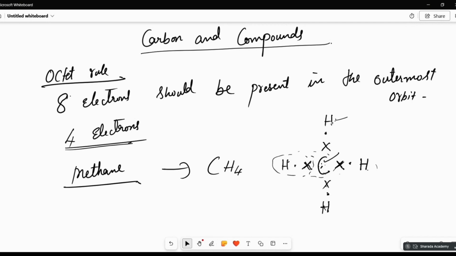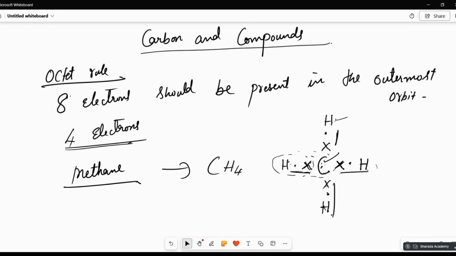Altogether, for the carbon, how many electrons are there? 2, 4, 6, 8. For each hydrogen, 2 in the first orbit. So the octet rule is satisfied. Correct now? That is why it is like that.